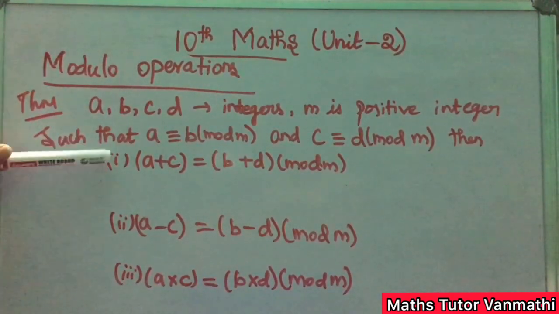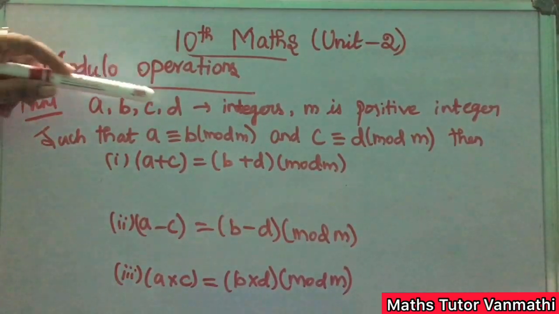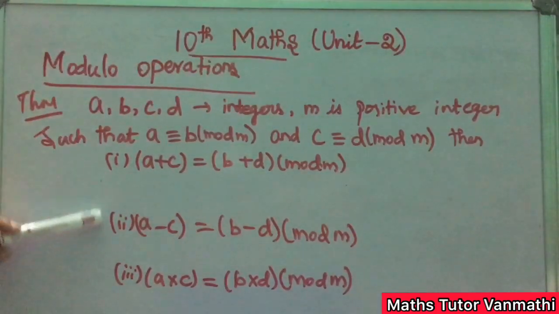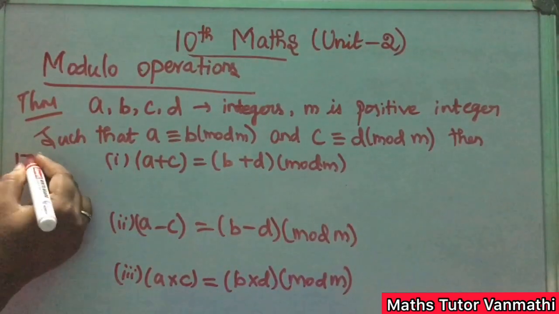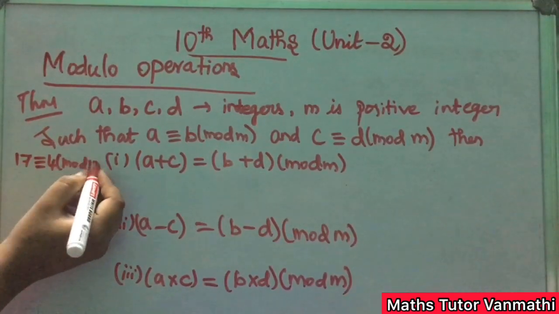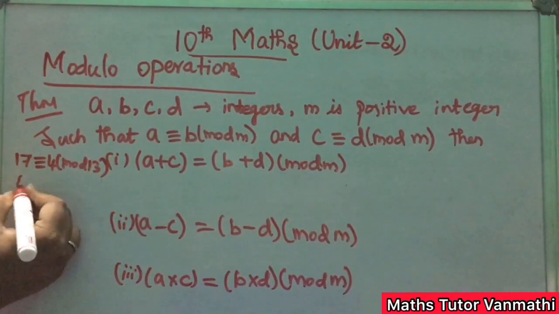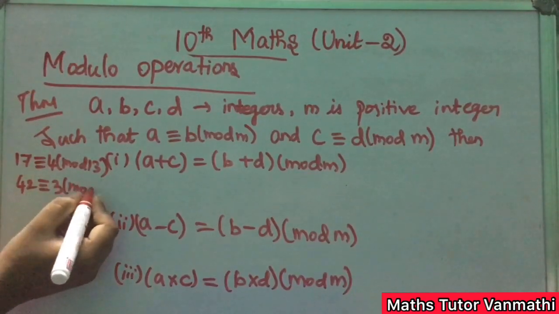That is, first is your addition operation, next is your subtraction operation, next is your multiplication operation. Using these two conditions, they have derived these three results. For this we can use one example: 17 is congruent to 4 mod 13 and 42 is congruent to 3 mod 13.